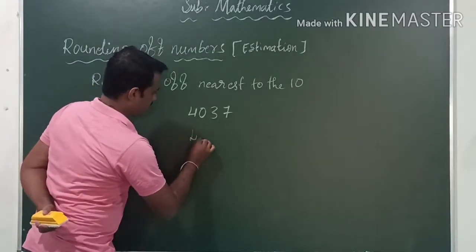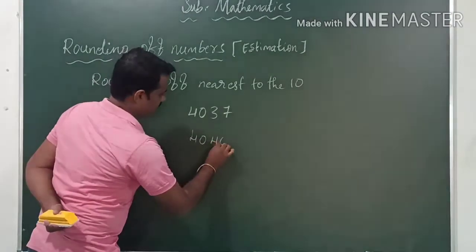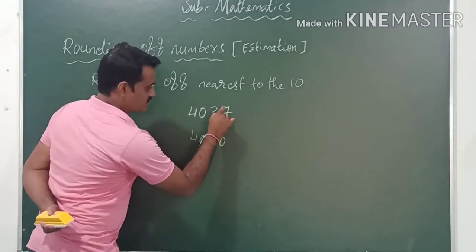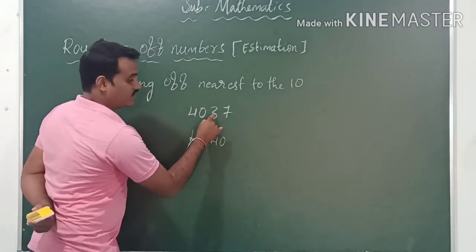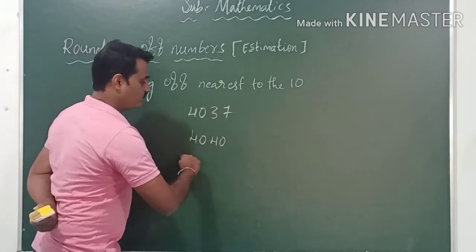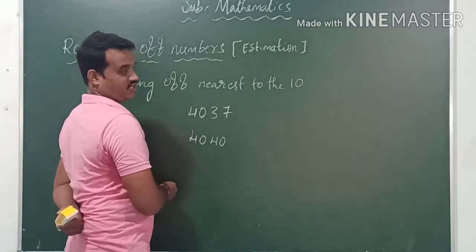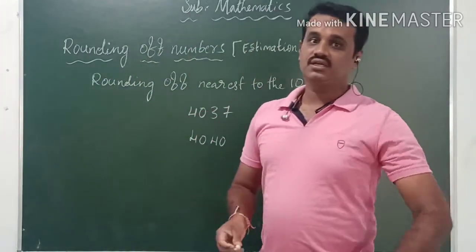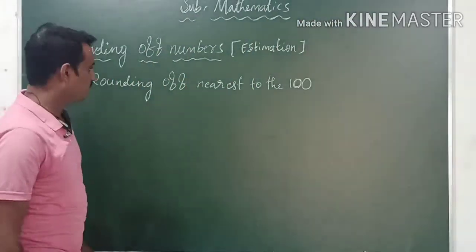So 4040. So ones place becomes 0 and tens place when you add 1 to 3 will become 4. So 4040. Understood this one? I hope you all understood this one.